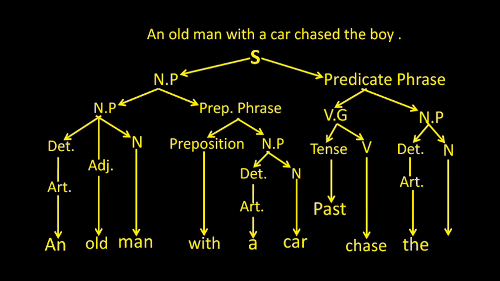And the predicate noun phrase comes from the predicate phrase and has been divided into another two, that is determiner article the and noun boy. So in this way we have got the immediate constituents of this sentence: An old man with a car, said the boy.